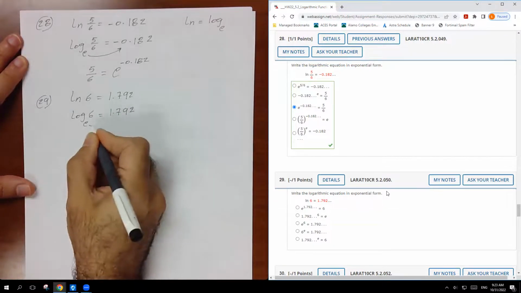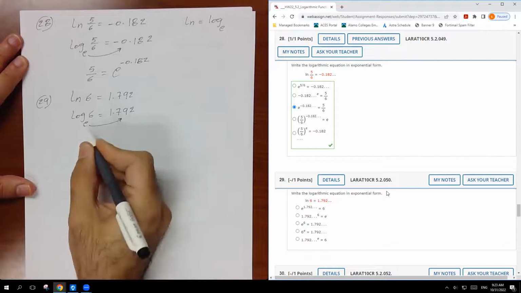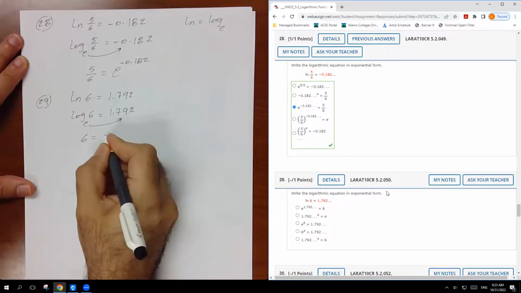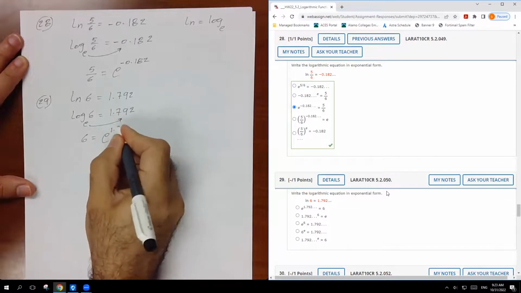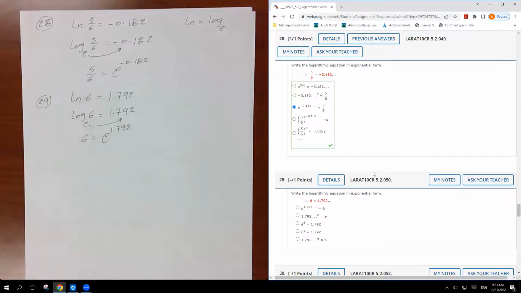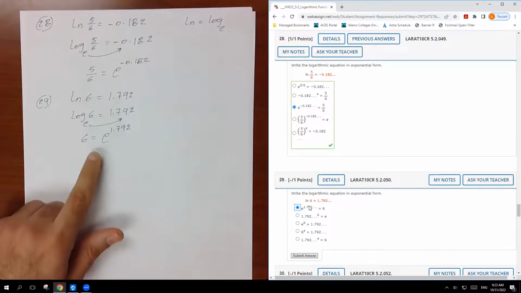Then we're going to move the base to the other side. The left here is going to be 6 equals e to the 1.792. If you look at the rest, everything is not going to match what we got here.